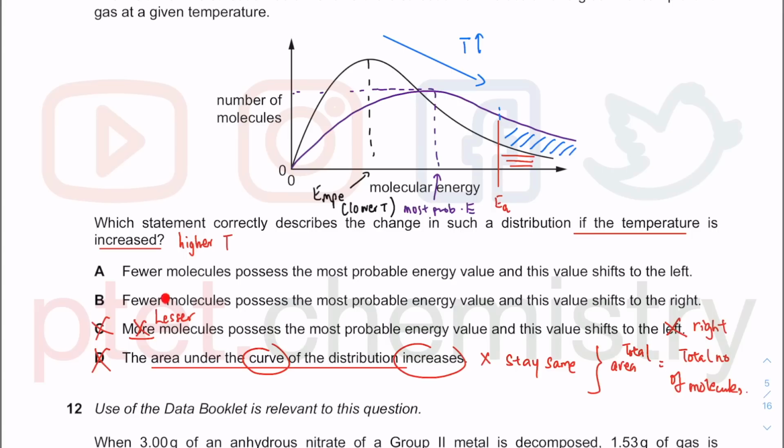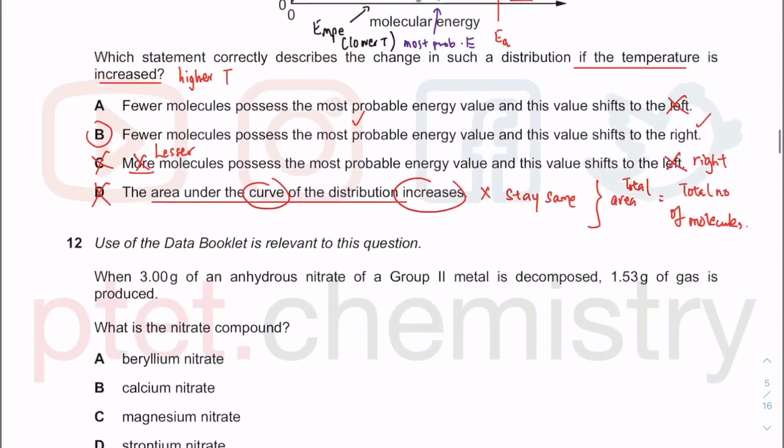Fewer means lesser, so indeed it is a lesser number of molecules possessing the most probable energy. And this value has shifted to the right-hand side as you have gone from the most probable energy at the lower temperature to the most probable energy at the higher temperature. So it shifts to the right, and you have fewer molecules that possess the most probable energy.